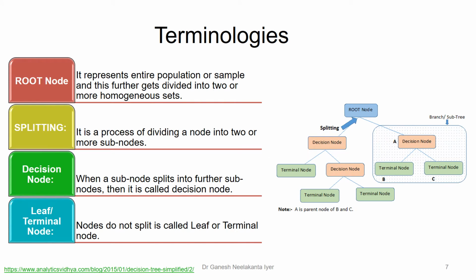Some terminologies involved in the decision tree algorithm. It is a tree, so it starts with a root. A root represents the entire population or sample, and this further gets divided into a few homogeneous sets, with at least two sets.